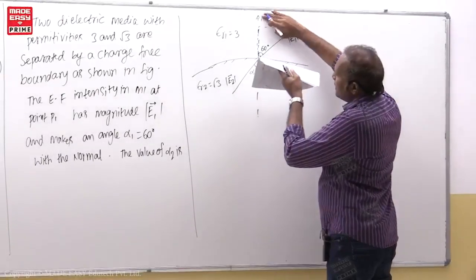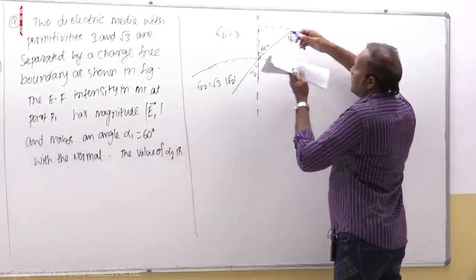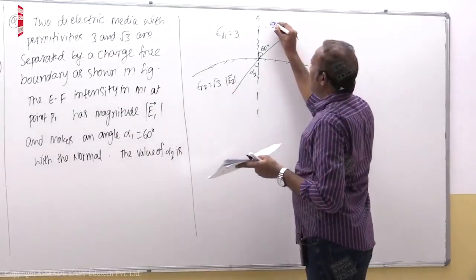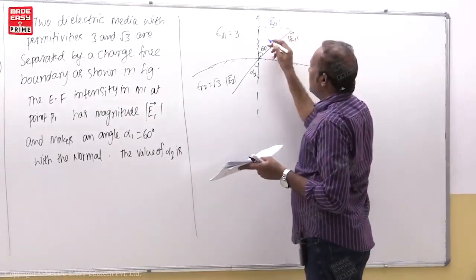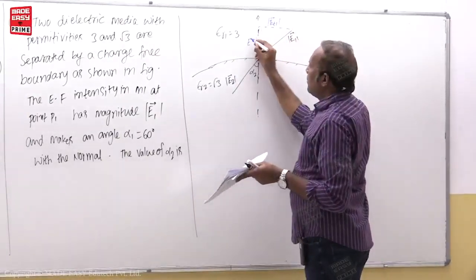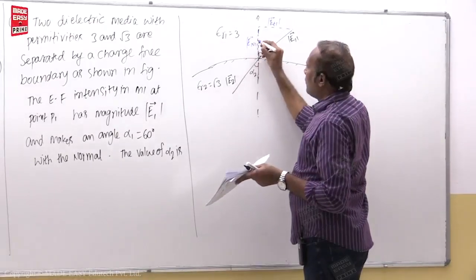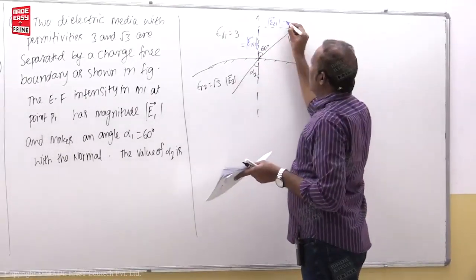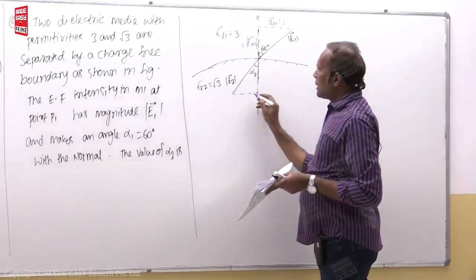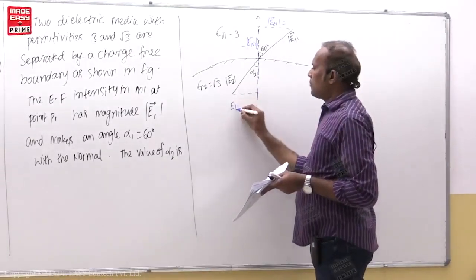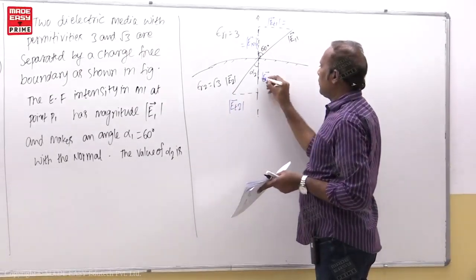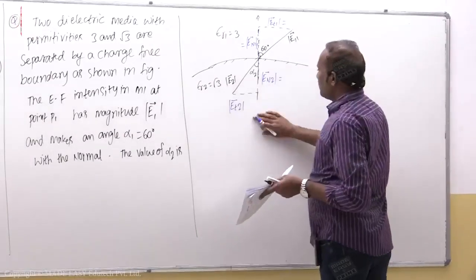That is actually modulus of ET1. This one is 90 degrees to the boundary, so that is called modulus of En1 for first medium. Similarly, this one is parallel, so modulus of ET2, and this one is modulus of E2 normal component.